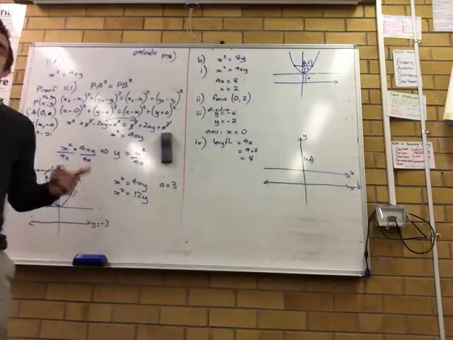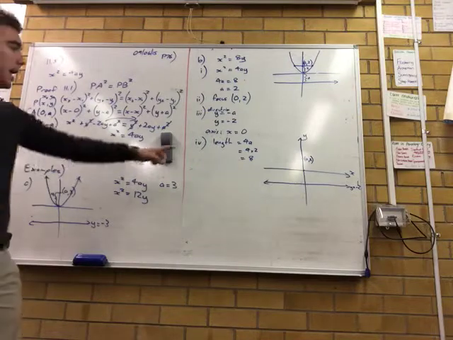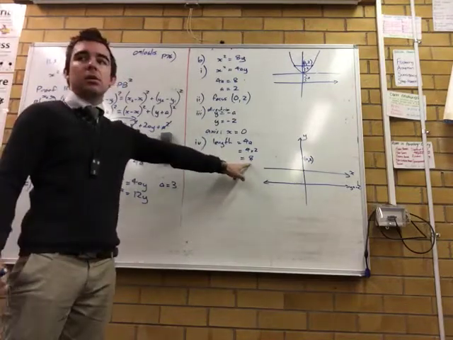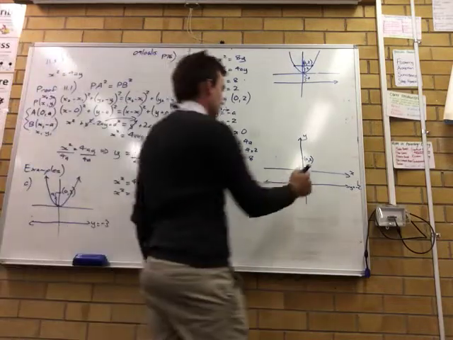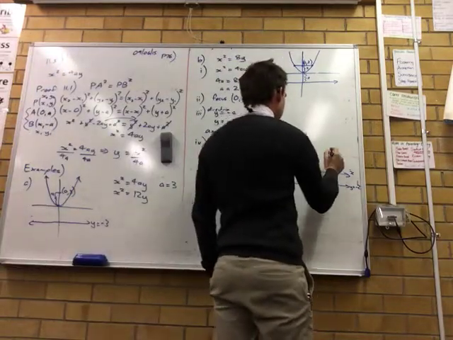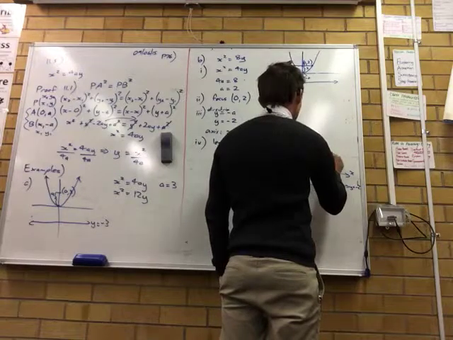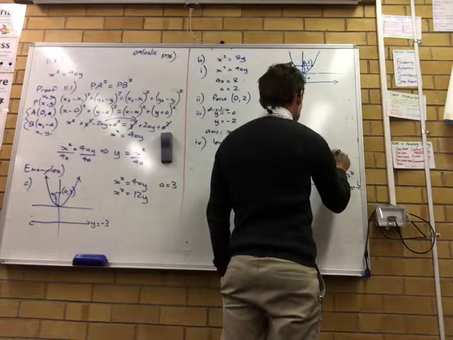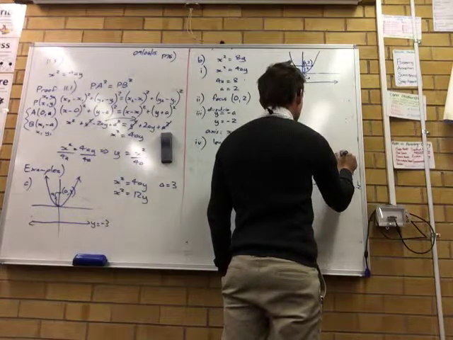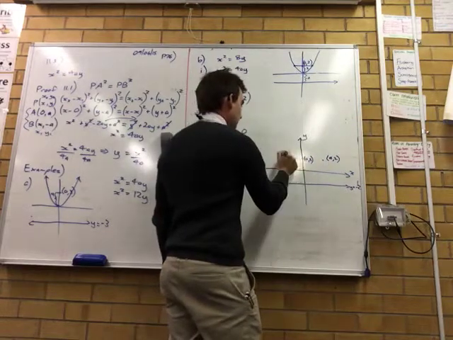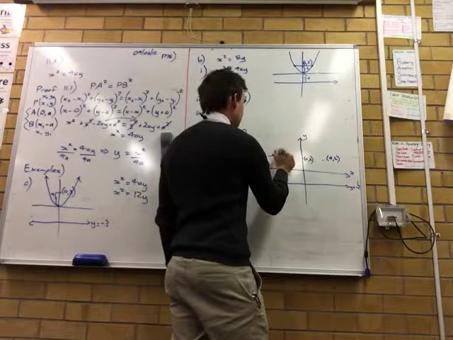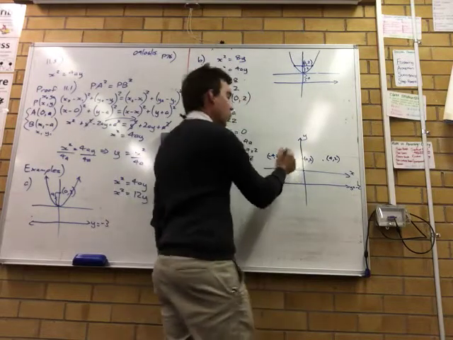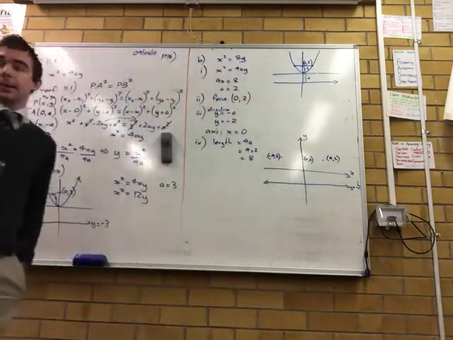And then the endpoints of the latus rectum. We've got a distance of 8 overall, which means half the distance is 4. So we're going to have the coordinates 4, 2 and negative 4, 2 for the endpoints of the latus rectum.